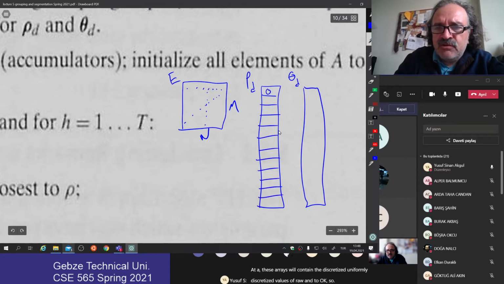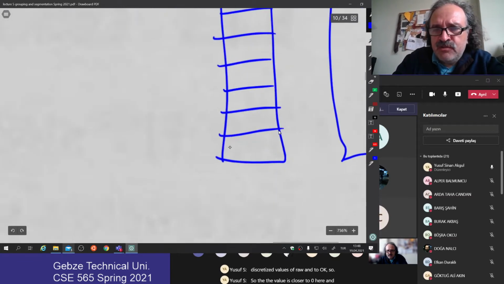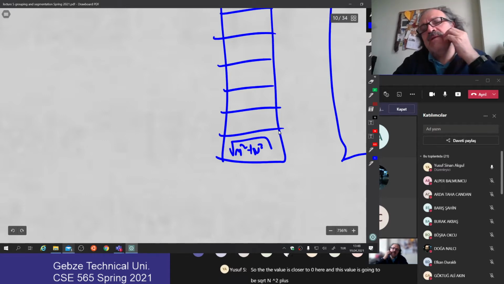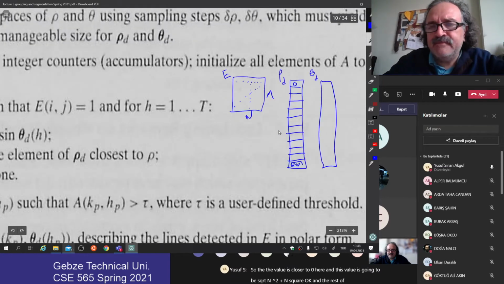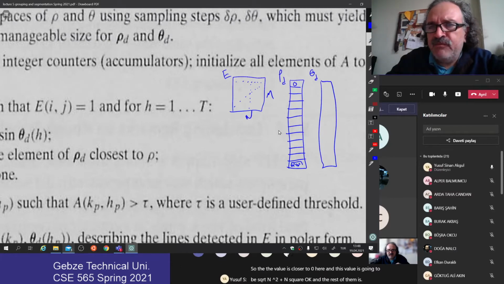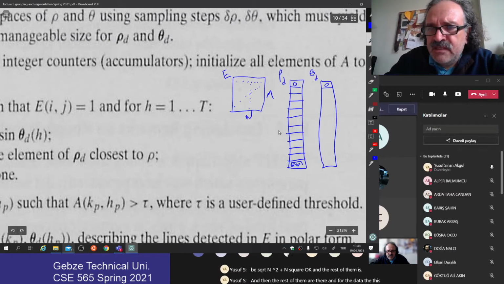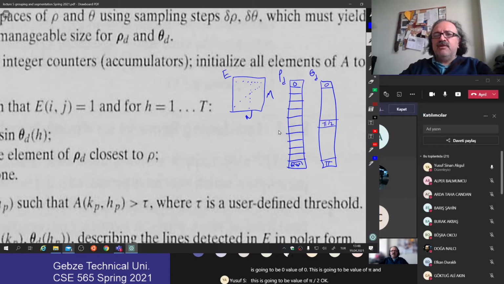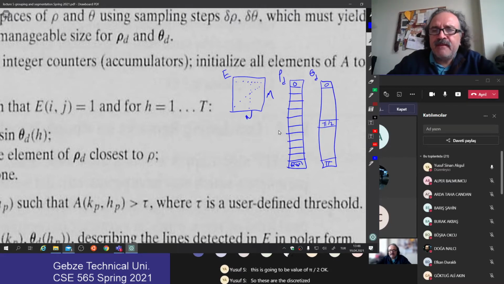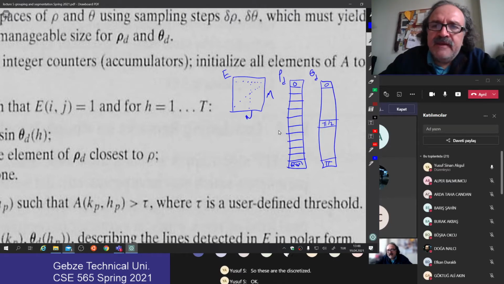The value is closer to 0 here, and this value is going to be the square root of m square plus n square. And for theta d, this is going to be a value of 0, this is going to be a value of pi, and this is going to be a value of pi over 2. So these are the discretized values of rho d and theta d.